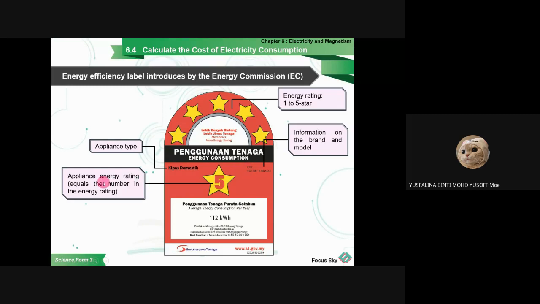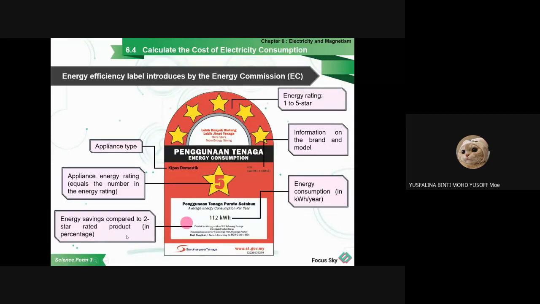And this is the appliance energy rating, equal to the number in the energy rating. So this one is 5 star, right? So they will put 5 here. And this is the energy consumption, 112 kilowatt per year. And this is the energy saving compared to a 2 star rated product, in percentage.